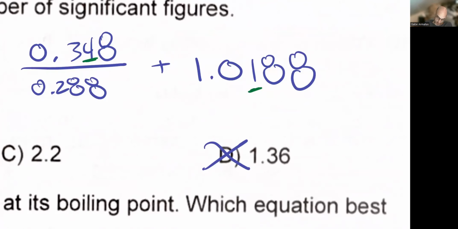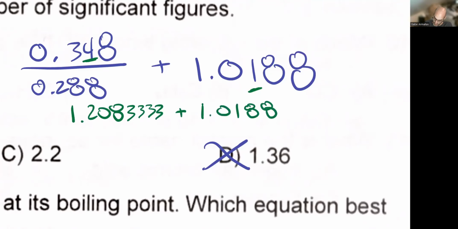So I'm going to do 0.348 again, using the entire thing, divided by 0.288, and that gives me 1.208, and this is 3 repeating. Just put a couple 3s there, fine, plus 1.0188. I'm going to keep that 1 underlined.